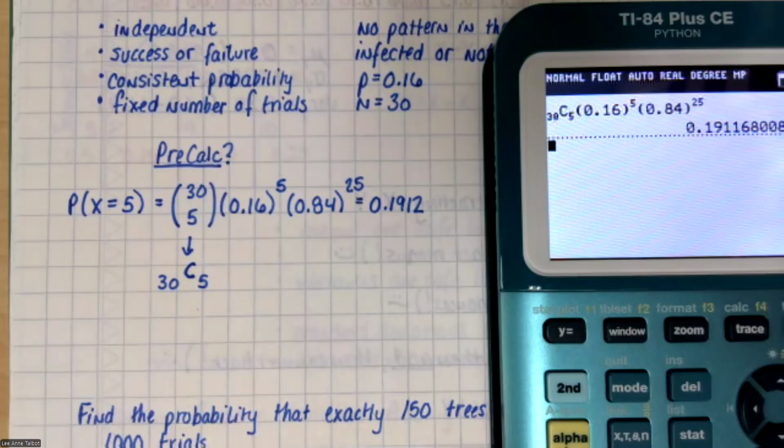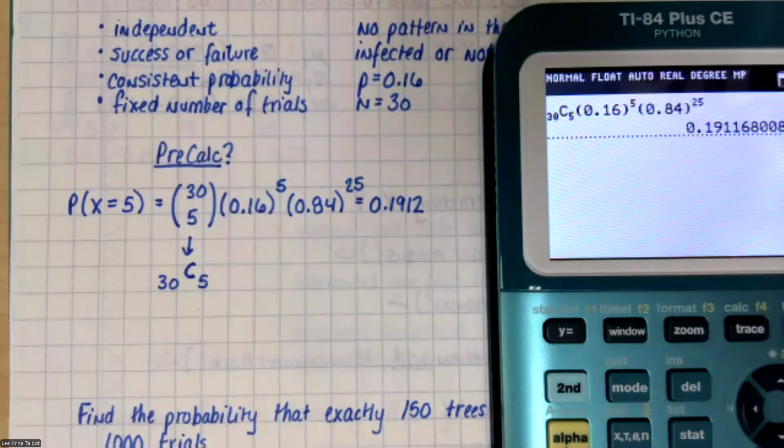So it just counted up 5 I's, and that's how many there would be. And then this would be the multiplying down the branch, where 5 of them would be I's, and the other 25 would be not I's. Do you know what I mean by multiplying down the branch? Okay. Yeah, of the tree. So this is just taking your tree and making it nice and distinct in one little calculation.